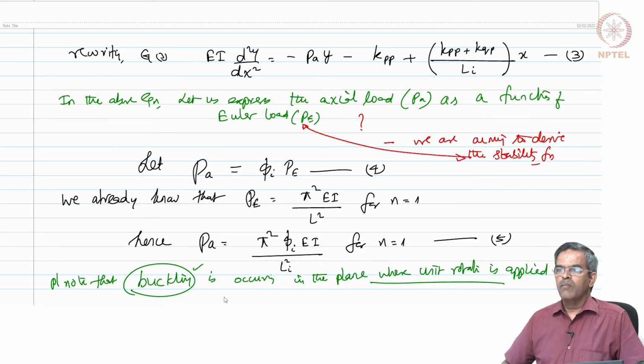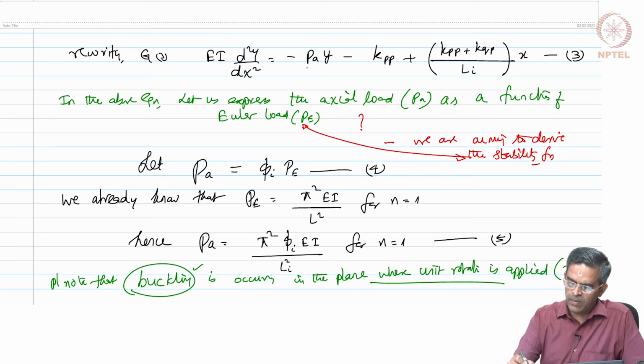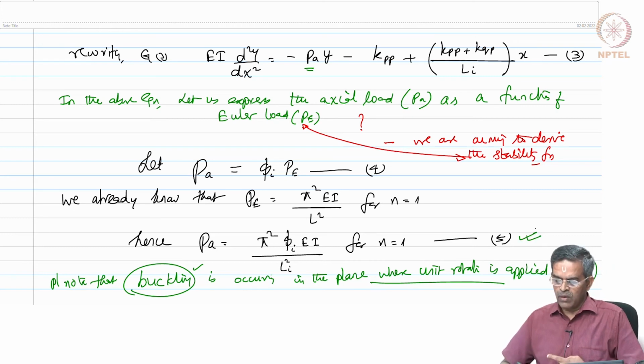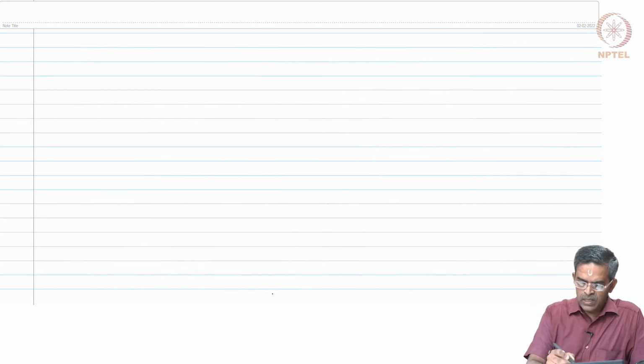Therefore, let us modify equation 3 in this understanding, because we have got PA in equation 3, and PA is expressed in a different form in equation 5. So, let us substitute equation 5 and update equation 3.